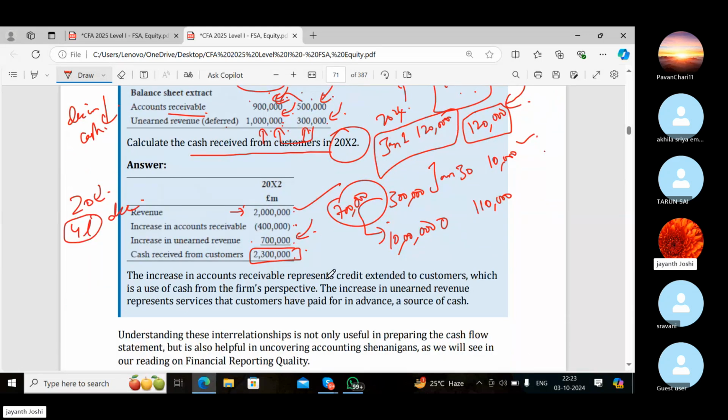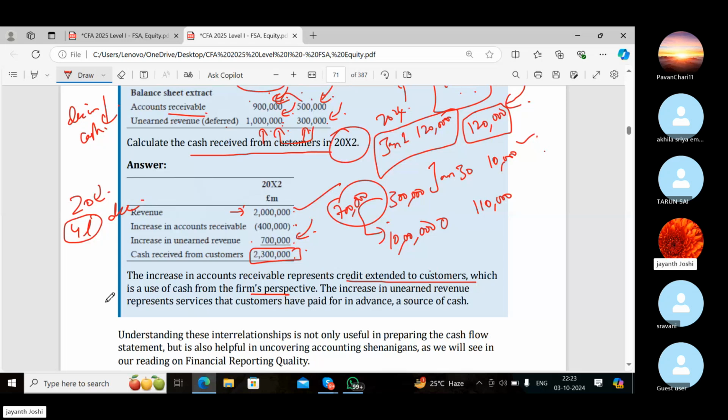See, the increase in account receivable represents credit extended to customers, which is a use of cash from the firm's perspective. That means if the receivables are increasing, then what? You are not getting cash, right? You are extending credit to customers, which is a use of cash from the firm's perspective.